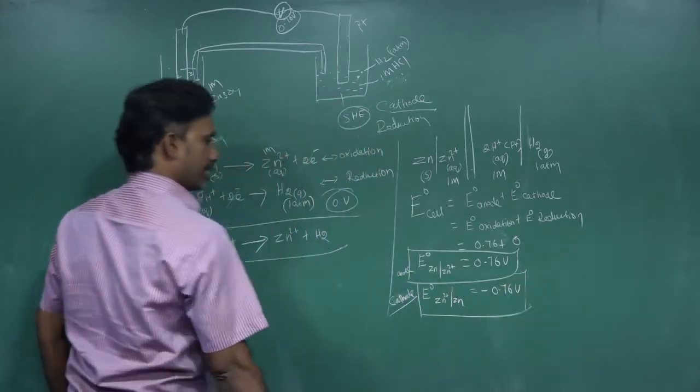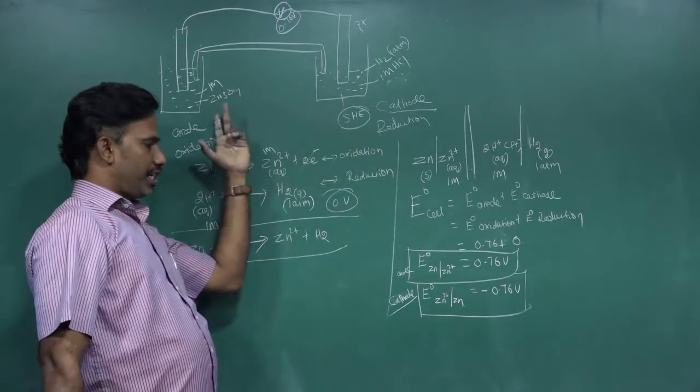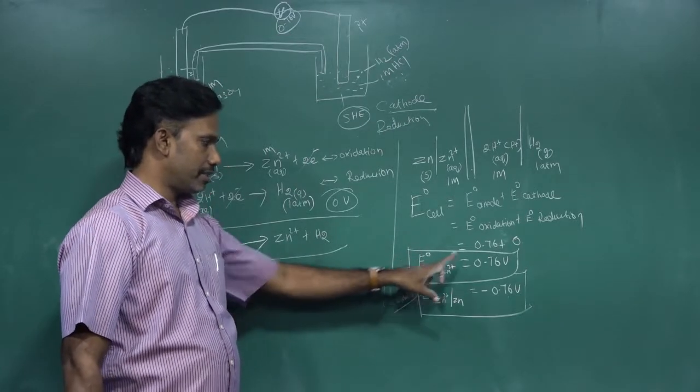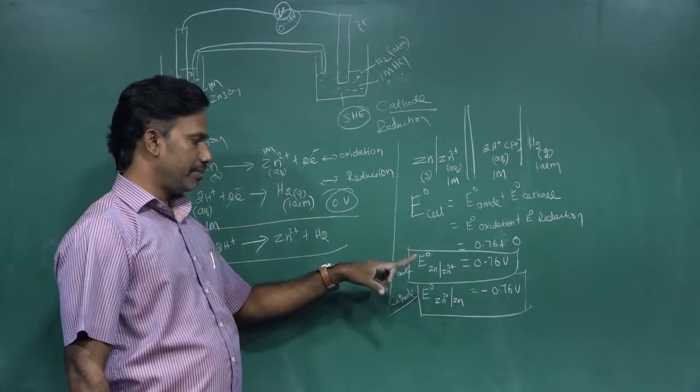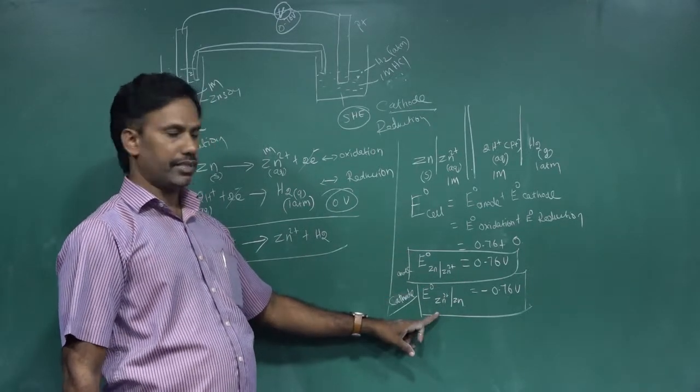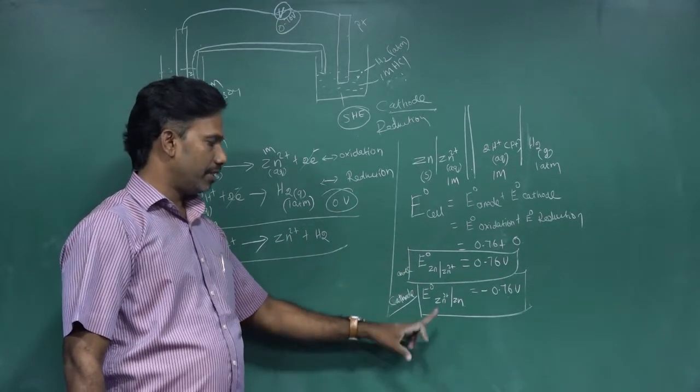The value will not change, but the sign will be altered because it is interchanged. So the oxidation potential is positive, and the reduction potential is negative.